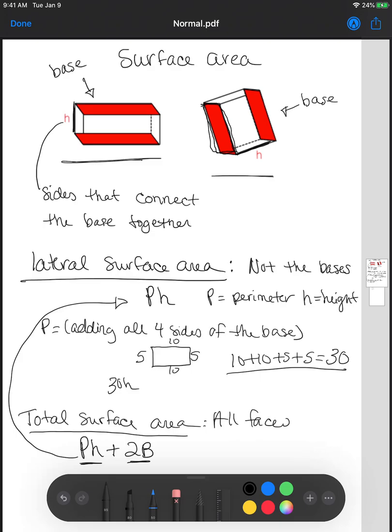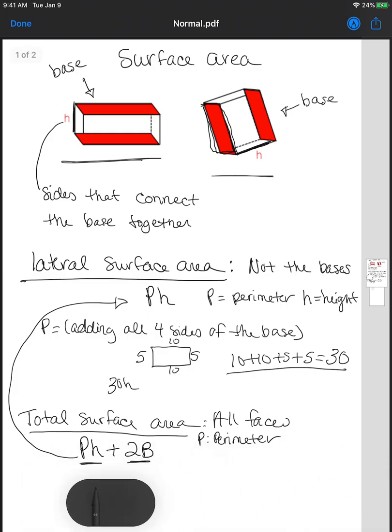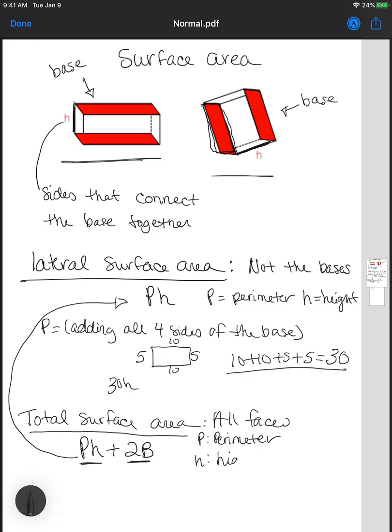So again, let's refresh. P is perimeter. H is the height. And then B is, we usually call it big B, the area of the base.